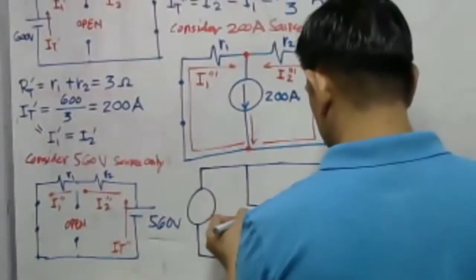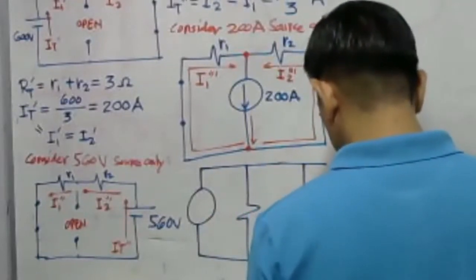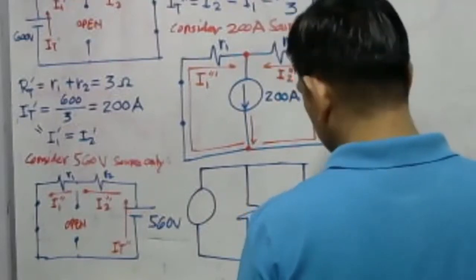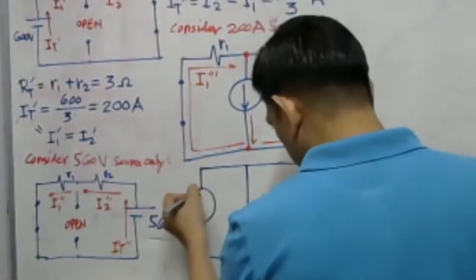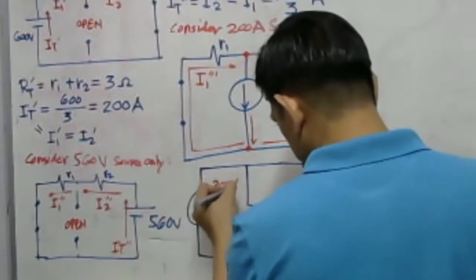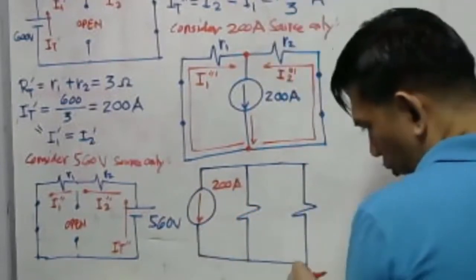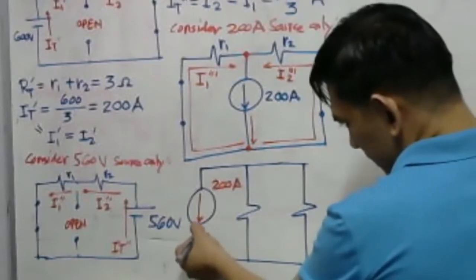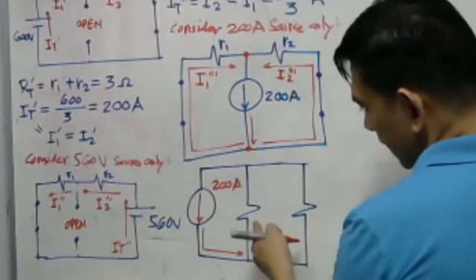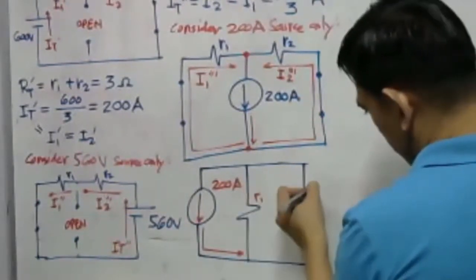I just want to show you the direction of the currents so that we may solve I1 triple prime and I2 triple prime easily. Remember, we have here a 200 ampere source. This is a node that will divide the current. The 200 ampere current source will flow here, then these are connected in parallel. This is our R1 and this is our R sub 2.